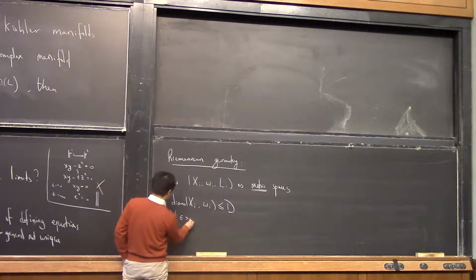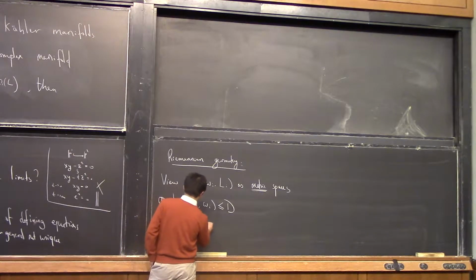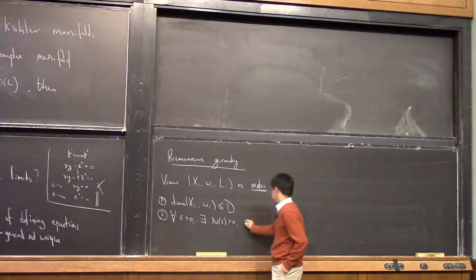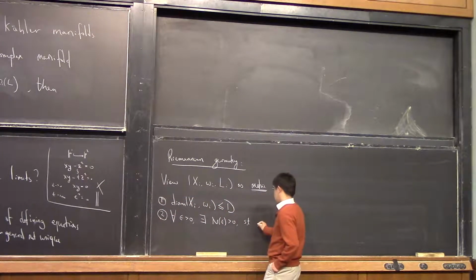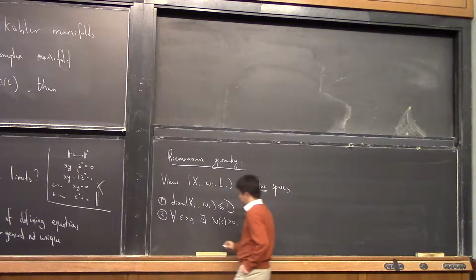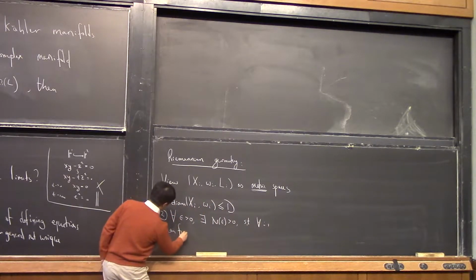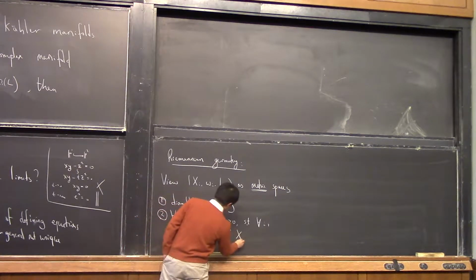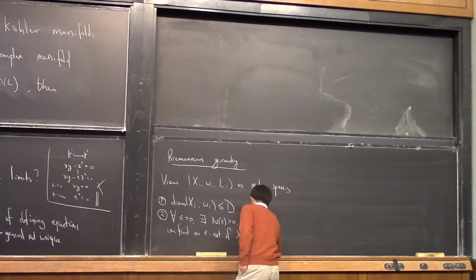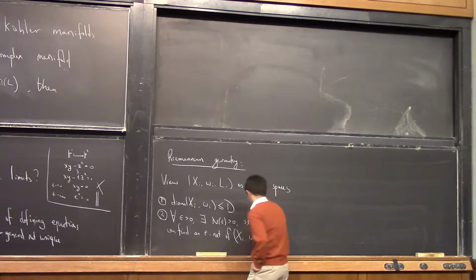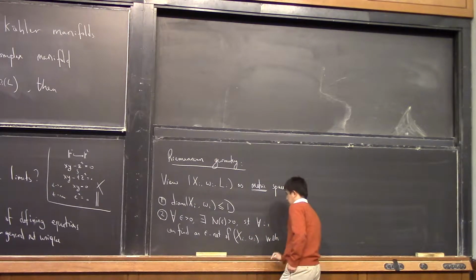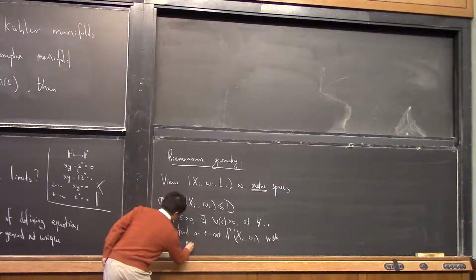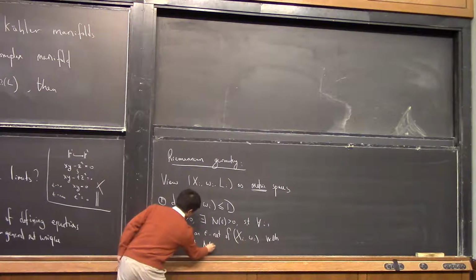For any epsilon positive, there exists a number N(epsilon) such that for any i, I can find an epsilon net of (Xi, ω_i) with at most N(epsilon) points.